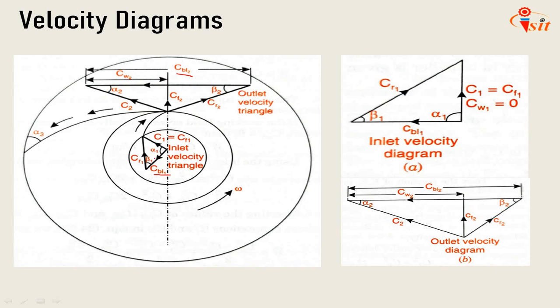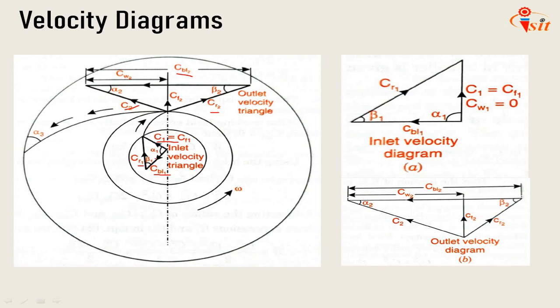C1 is absolute velocity at inlet to the rotor. C2 is absolute velocity at outlet of the rotor. CR1 and CR2 are relative velocity at entry of rotor and exit of rotor.